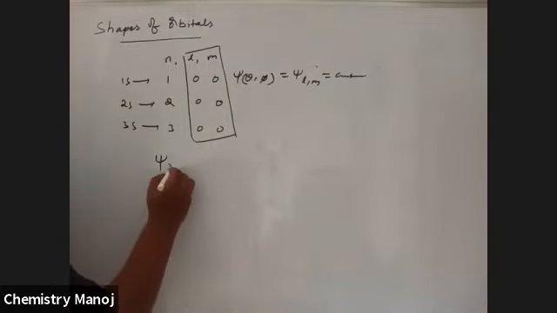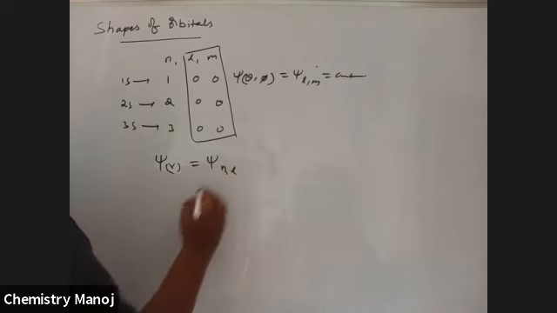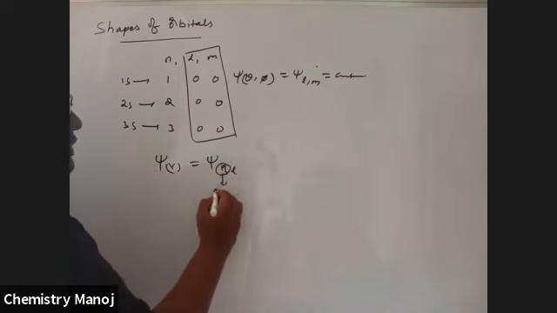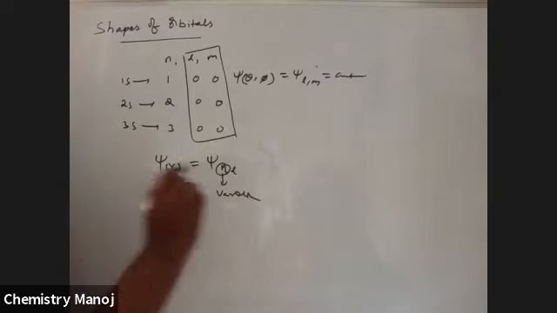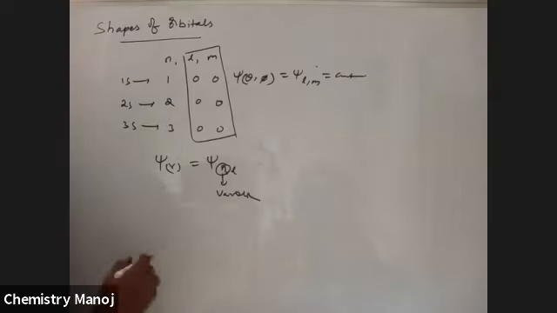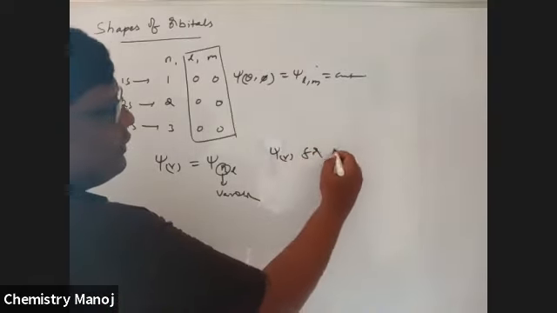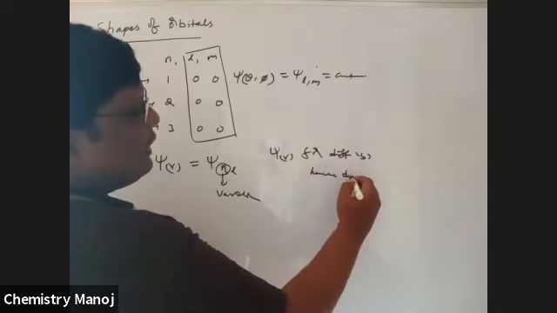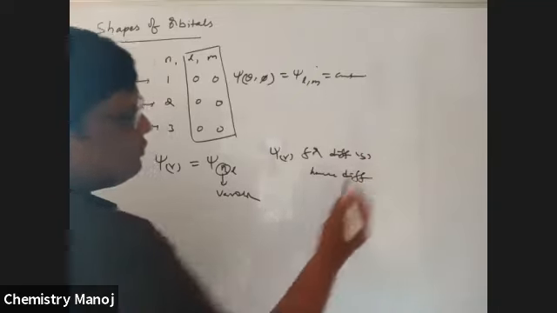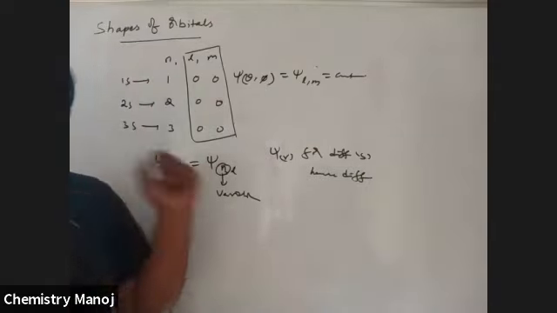But psi R means psi N and L, so the N value is variable. Because of that, different S orbitals have different psi R values.